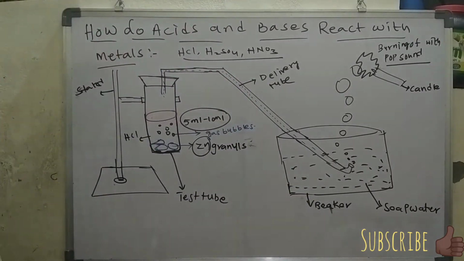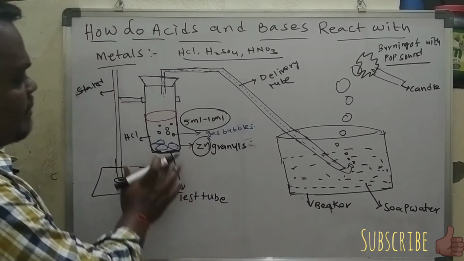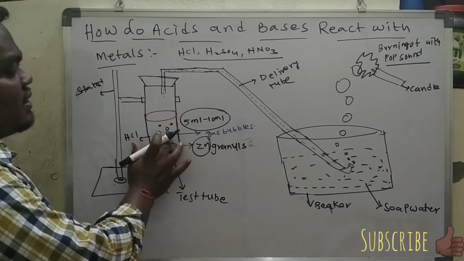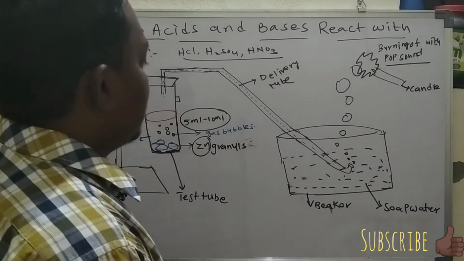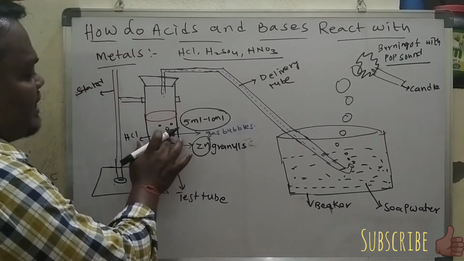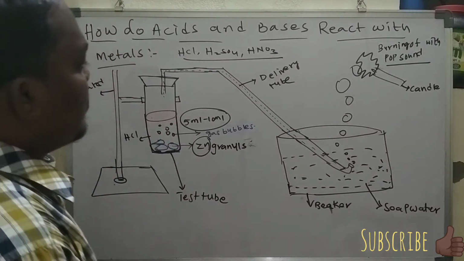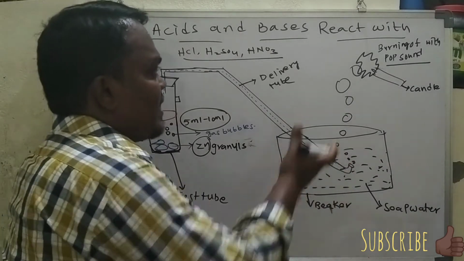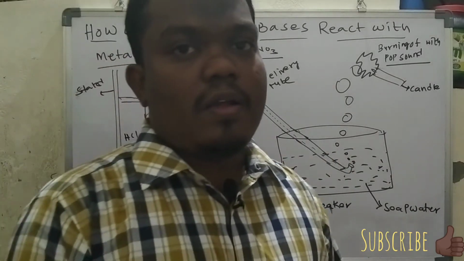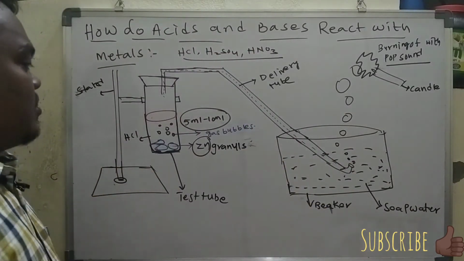So finally we conclude one thing: when a metal reacts with acid, we get gas liberation, that is hydrogen gas.